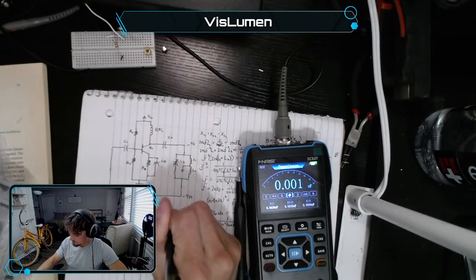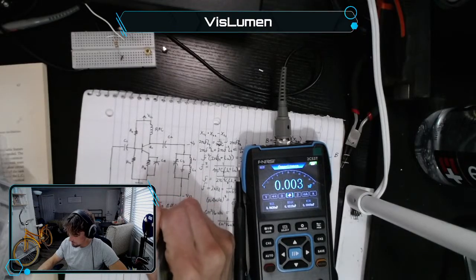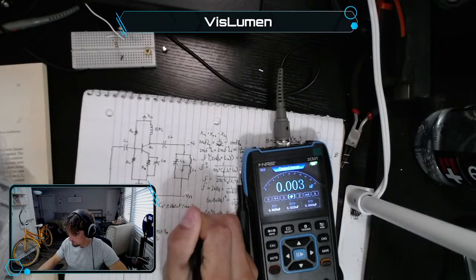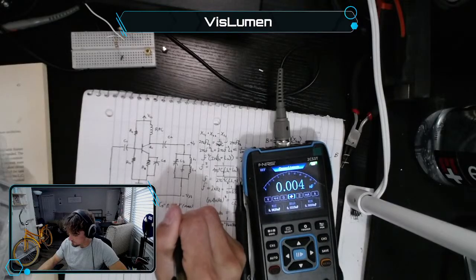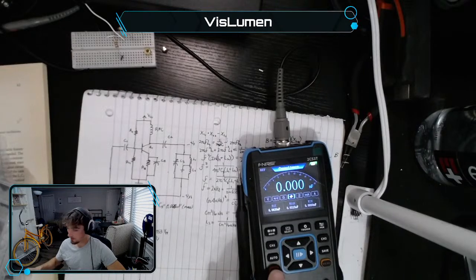So that was 0.060 nanofarads. C3 equals max. It's not really max, so we'll say 65 nanofarad max, okay, for the calculations.